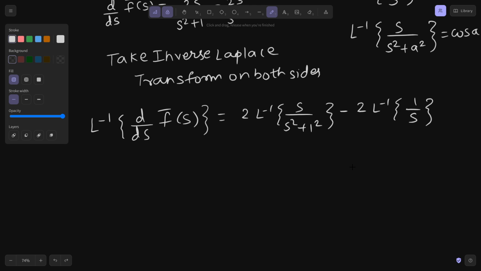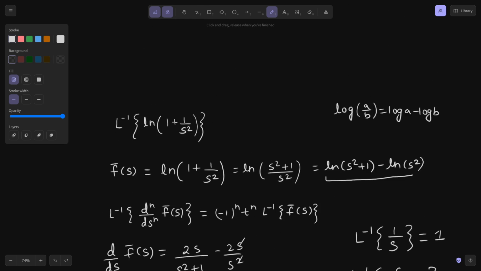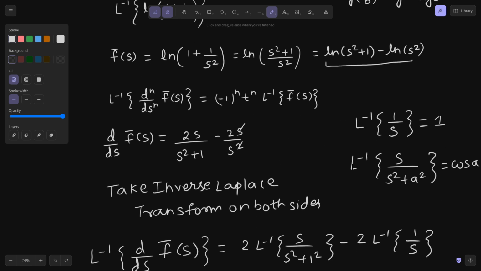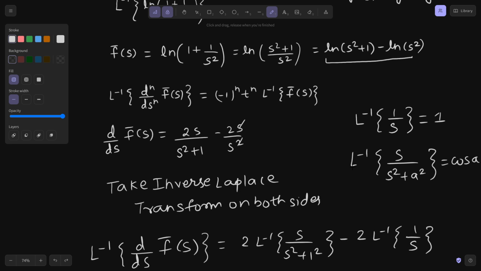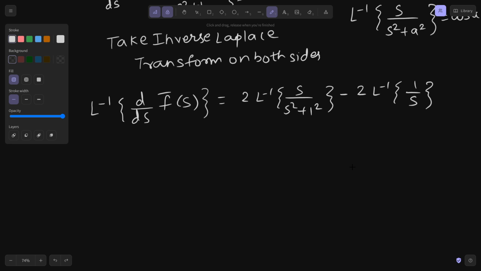Now in the LHS I can apply the formula which I discussed earlier, (-1)^n t^n. Because this is the first derivative only, so (-1)^1 which is a negative sign, t^1, so simply t, and the Laplace inverse of f bar(s).